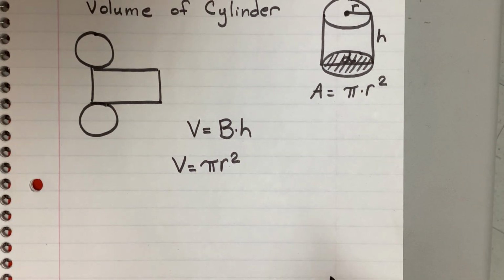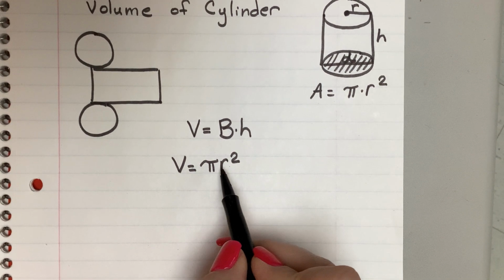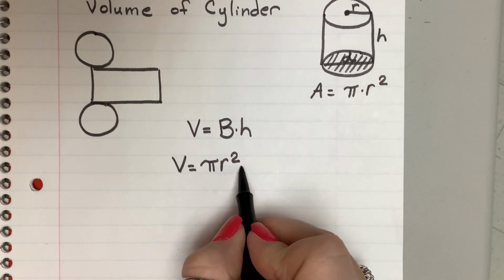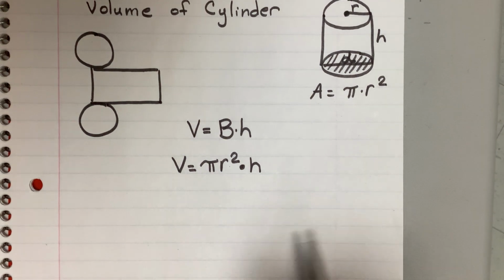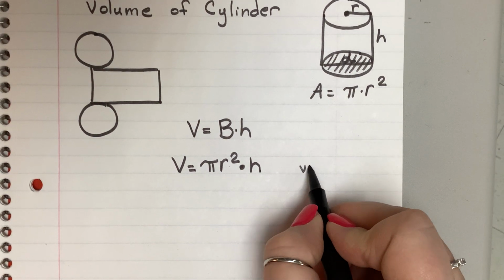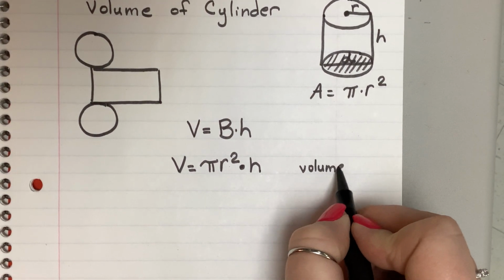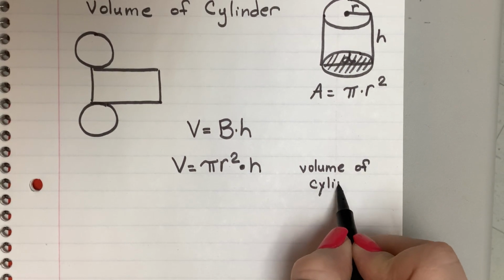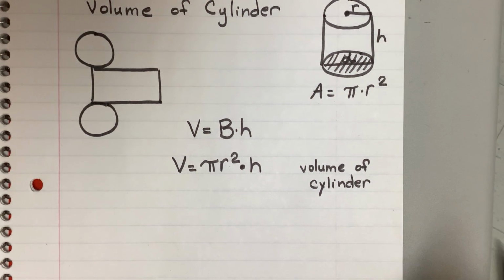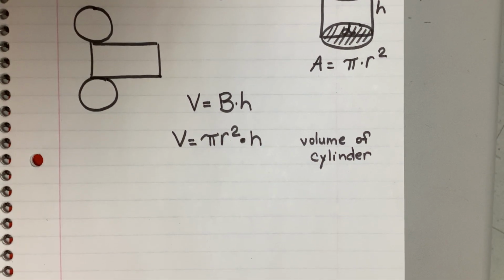So I'm going to replace big B with pi times radius squared, and then we multiply it times the height. And this is your formula for the volume of a cylinder.